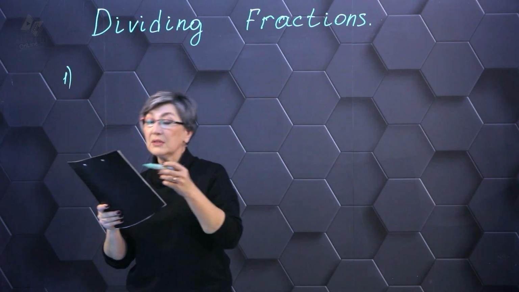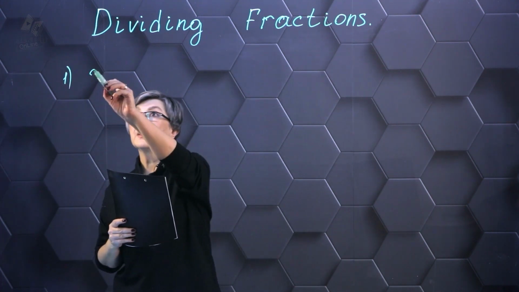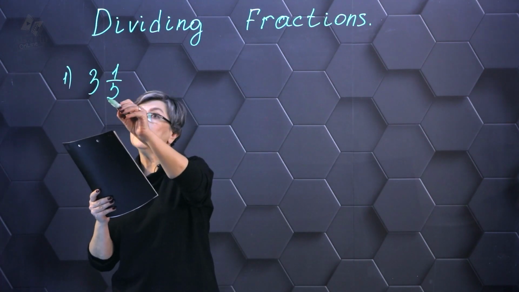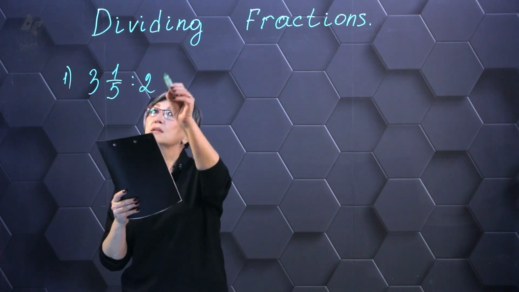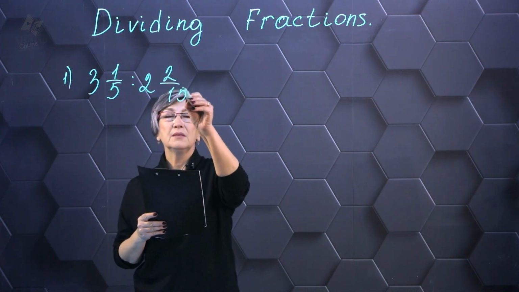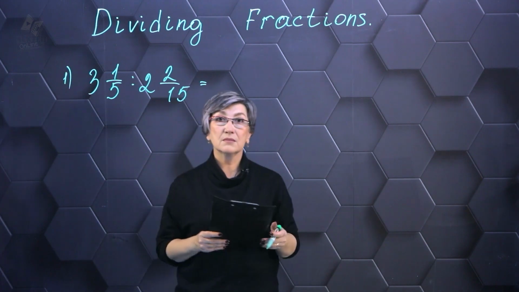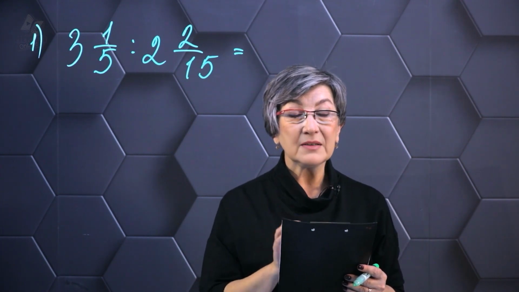The first task we need to do is 3 whole 1/5 divided by 2 whole 2/15. So what do we need to do? The thing is, we haven't really worked out how to divide mixed numbers. But we've talked about the fact that when we divide and multiply fractional numbers, we always have to convert to improper fractions.